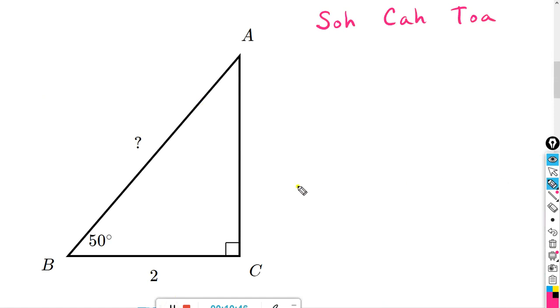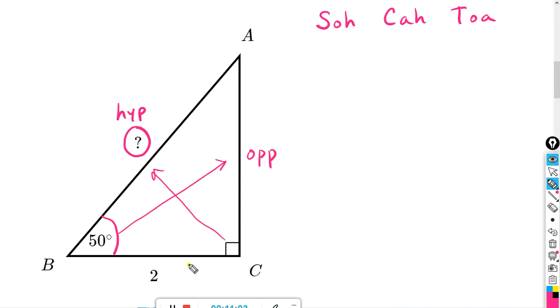All right, last one. Across from your right angle, that side length is the hypotenuse. Across from the angle that's given, that side is your opposite. We don't have it. And over here, the remaining side, that is adjacent.